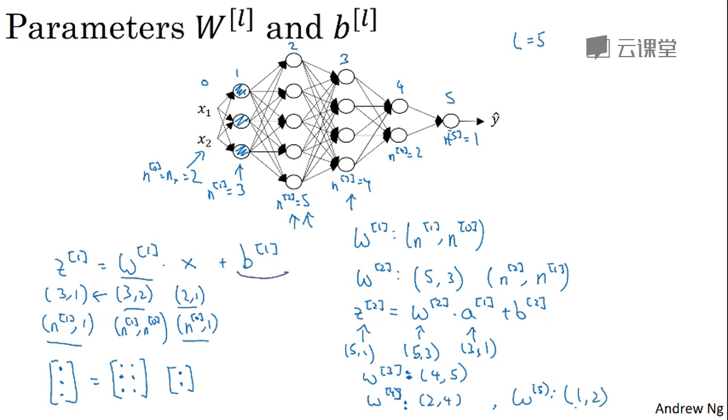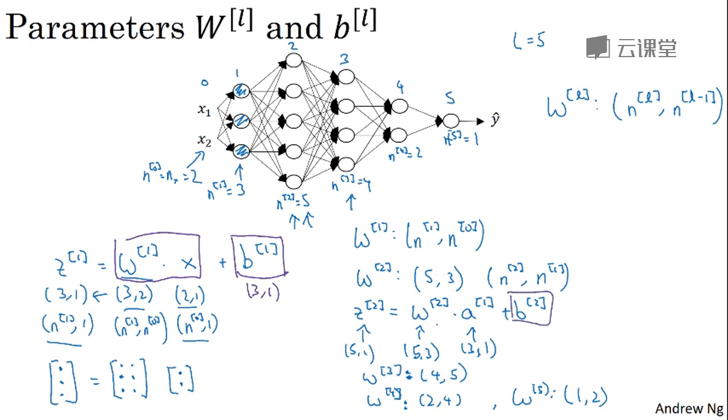Okay? So the general formula to check is that when you're implementing the matrix for a layer L, the dimension of that matrix should be NL by NL minus 1. Now, let's think about the dimension of this vector B. This is going to be a 3 by 1 vector, so you have to add it to another 3 by 1 vector in order to get a 3 by 1 vector as the output.